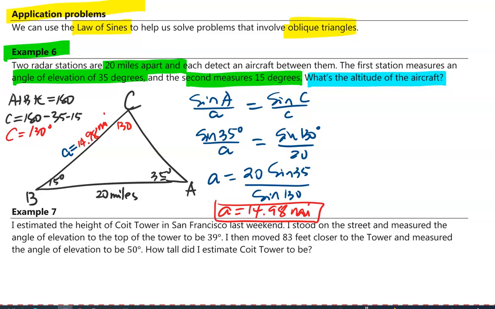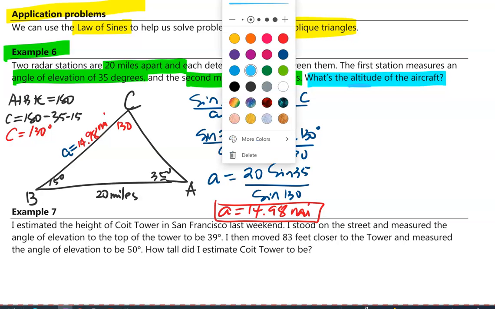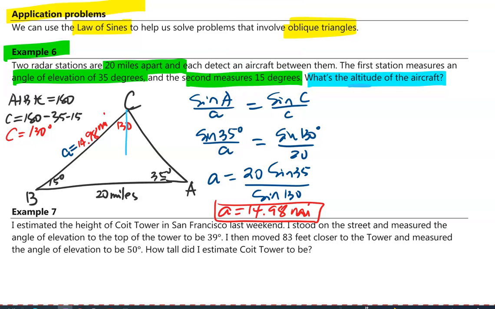Now, what we really want is to find the altitude. So this is the altitude, which is the height. So how do we get that? So we can use SOHCAHTOA.